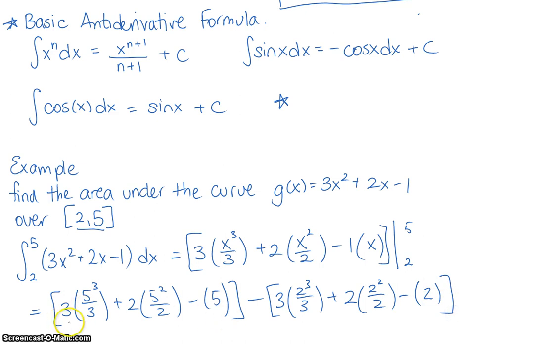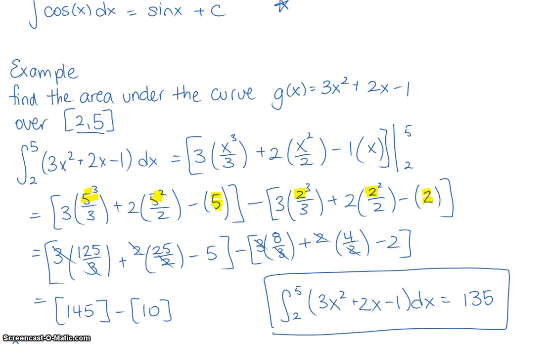So there's your f of b when you plug in 5. Here we plugged in 2. So I filled in all the work. As you can see, I've kept everything in terms of my f of b in one square bracket here, and then one over here for f of a, then subtracted, and I get 135.